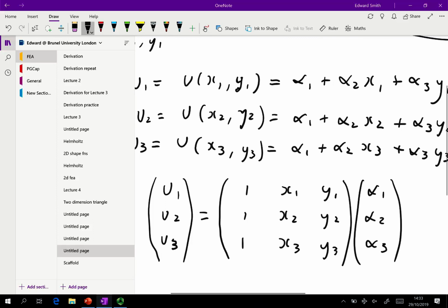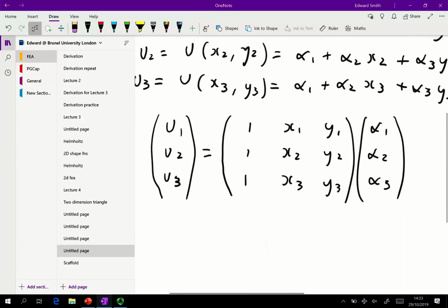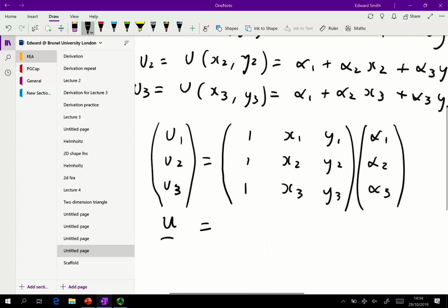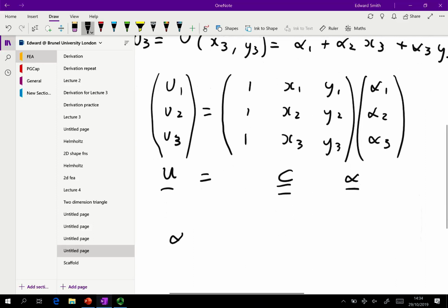That's just an expression of the simultaneous equations in matrix form. So this is matrix U, and that's equal to the coefficient matrix C times alpha. Now, in order to get alpha, we need to invert the matrix C to the -1 and multiply it by U in order to get the values for alpha.